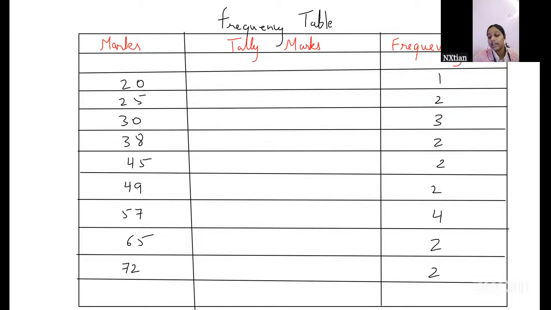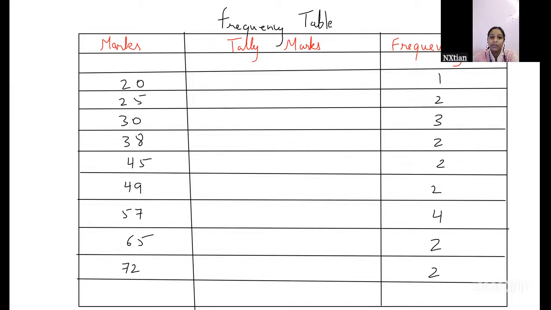So we have the marks and we have the frequency, that means how many times those marks appear in the data. The highest frequency is 57, which has occurred four times in the data. The least is 20; only one student got it, so it's there only one time in the table.